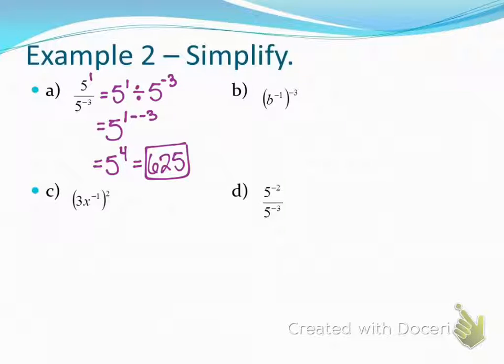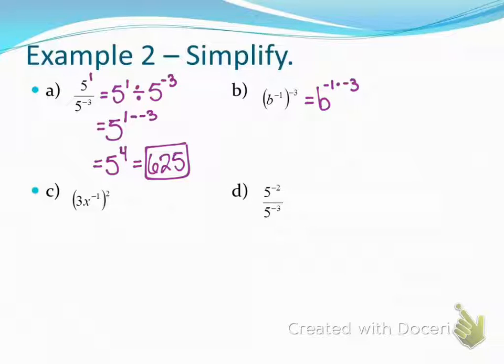All right, on letter B, what rule do you think we need to apply? Kian? Power of a power. If we have a power of a power, what do we do to those exponents? Multiply them. So we would have b to the negative 1 times negative 3rd power.